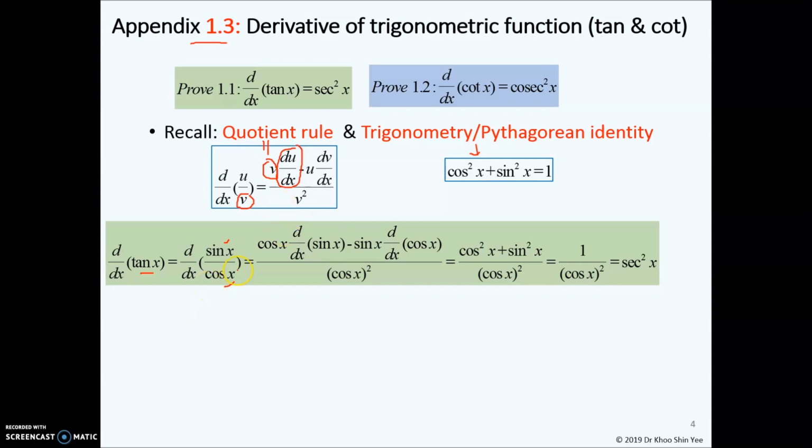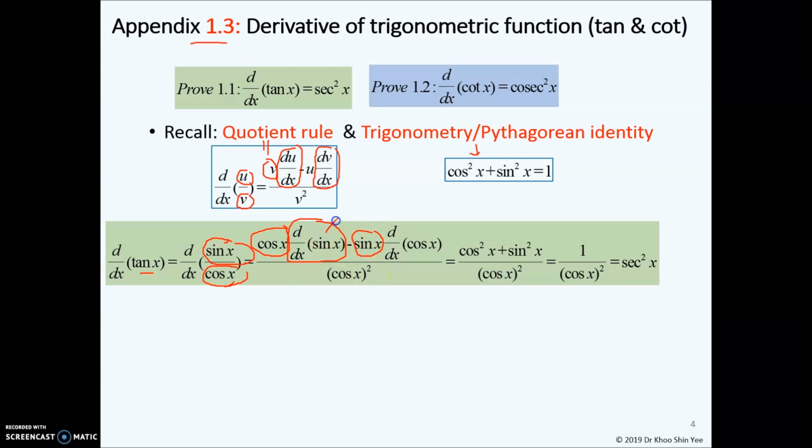Same approach: cos x will remain here, and then we differentiate the one at the top, which is sine x, and then minus u multiplied with dv dx. So same, minus the one at the top, and then differentiate the one at the bottom. And then we divide with v squared, which is the one at the bottom, so we divide by cos x squared.